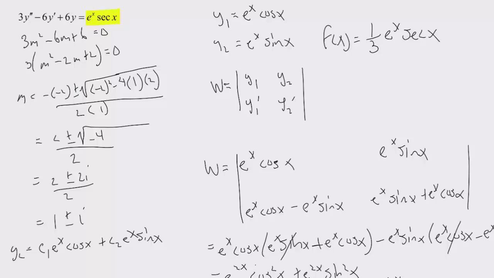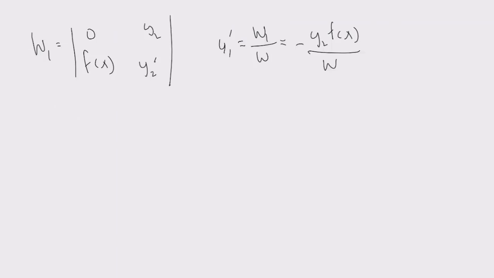All right, so as we set it up, that's going to come up. Okay, so our W1 is 0 here, and then 1/3 e to the x secant x, and then our y2, which was e to the x sine x, and then our derivative would be e to the x cosine x plus e to the x sine x.